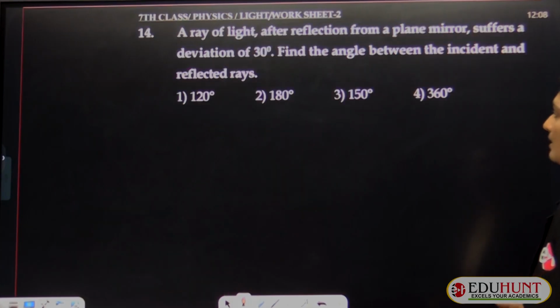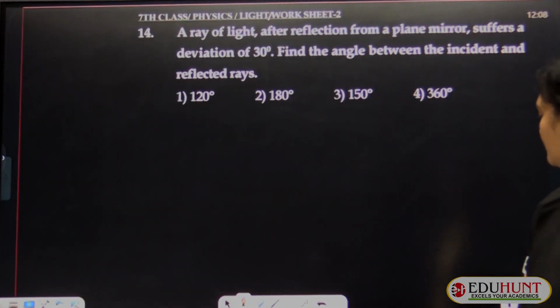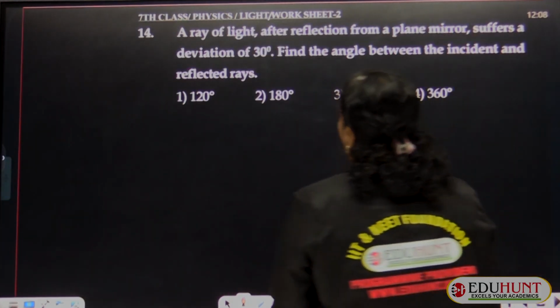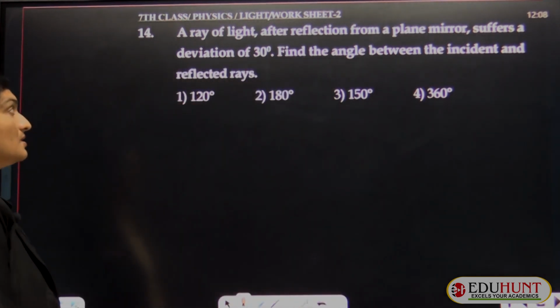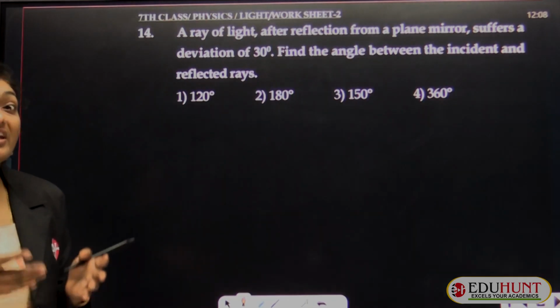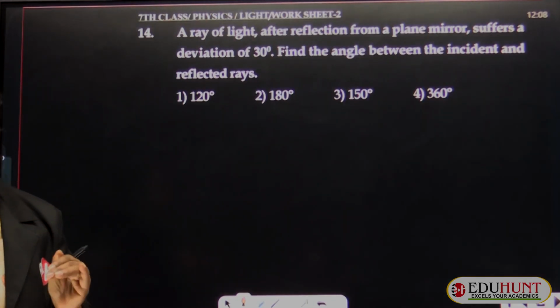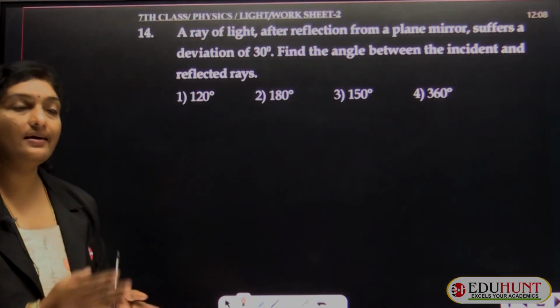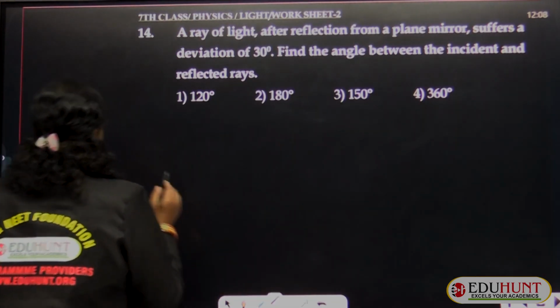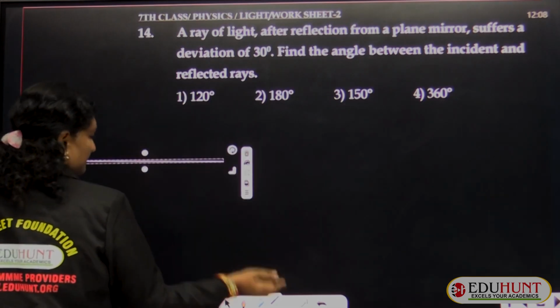Let us move to the next question, that is the 14th question, children. A ray of light after reflection from a plane mirror suffers a deviation of 30 degrees. The deviation D value is now given as 30 degrees. Find the angle between the incident ray and reflected ray. So, let us imagine the picture for this.